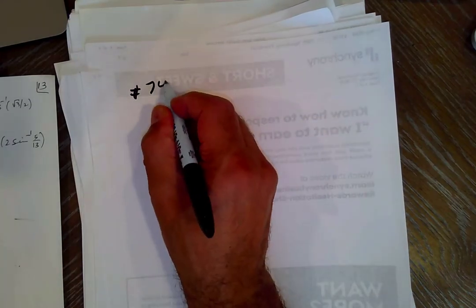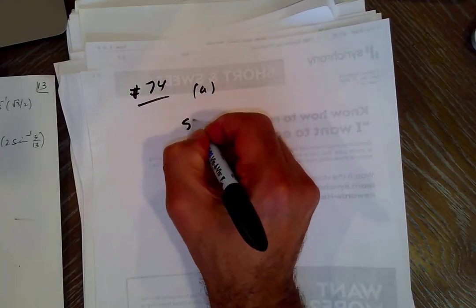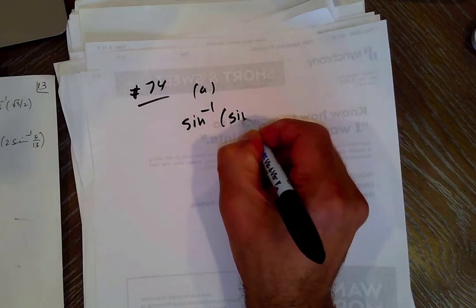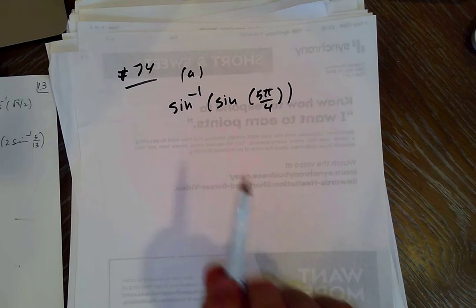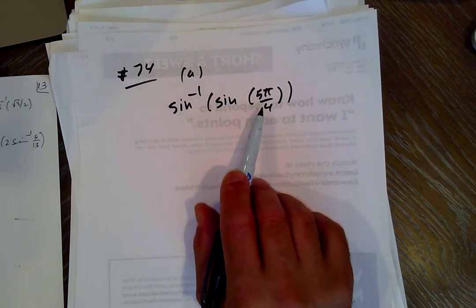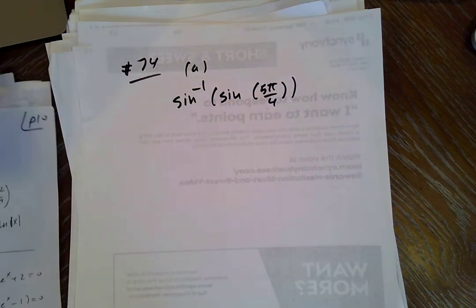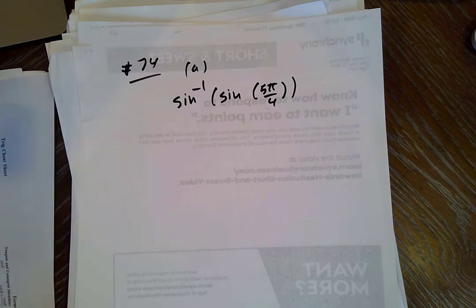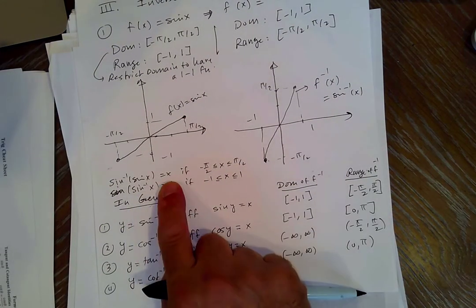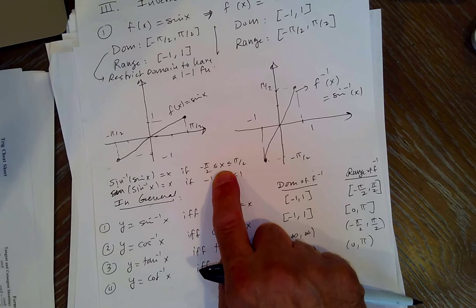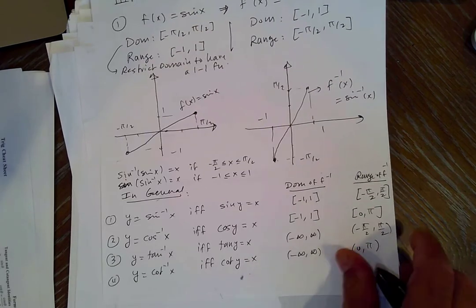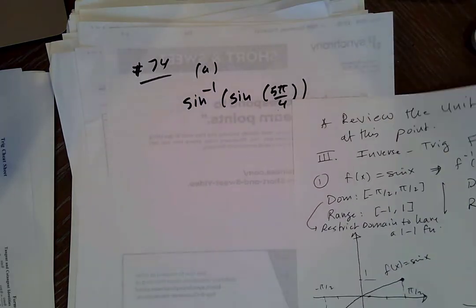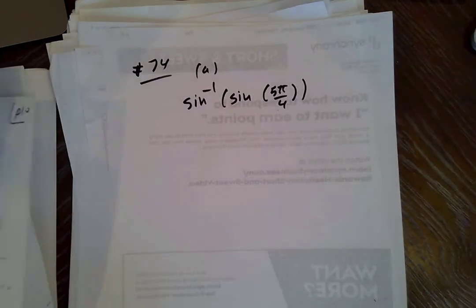Now, if you want to do 74, part A, what's sine inverse of sine of 5 pi over 4? Like I showed you in the notes, sine inverse of sine of x equals x if we're in the first or fourth quadrant, but we're not. 5 pi over 4 is in the third quadrant, so we cannot use the cancellation rule.